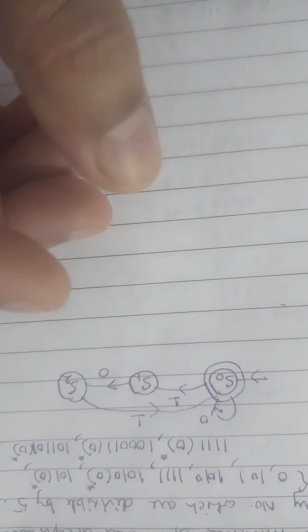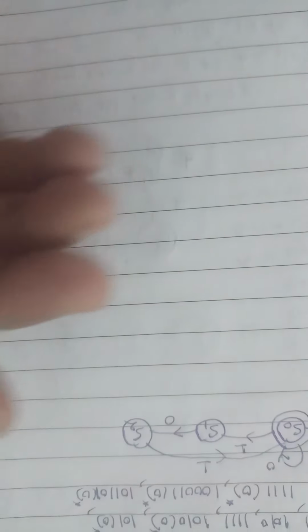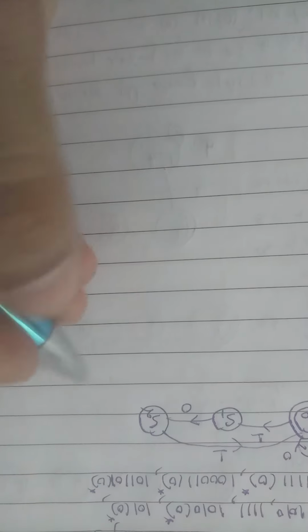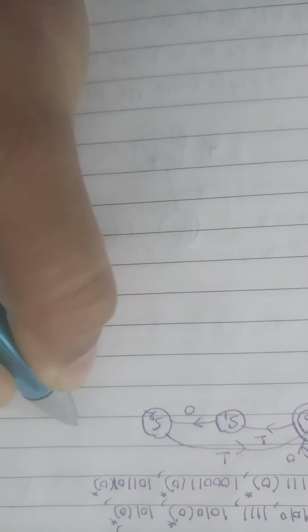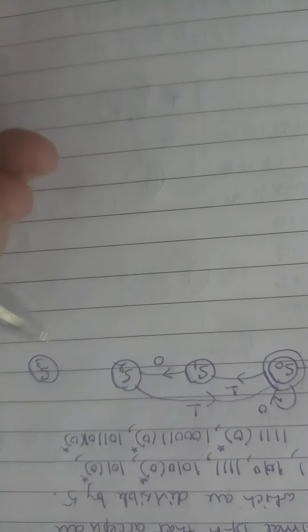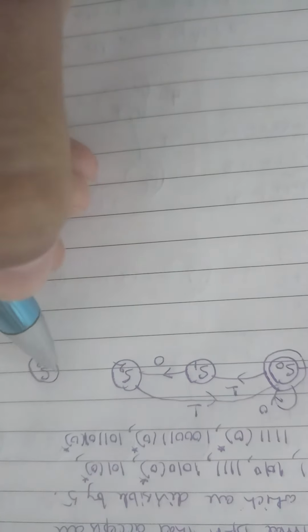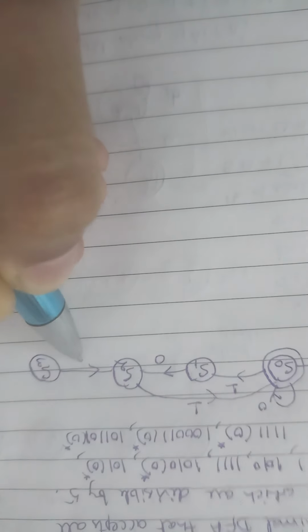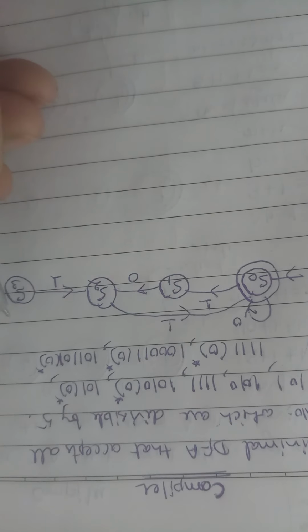Now move to the next, S2 to S3, and we make a transition of S3 to S2 on 1, and a transition S3 to S1 on 0.